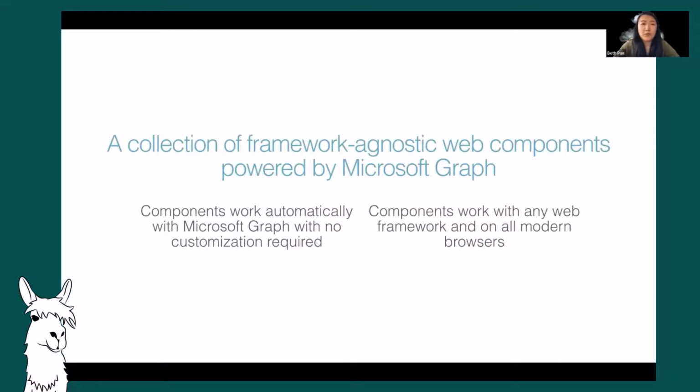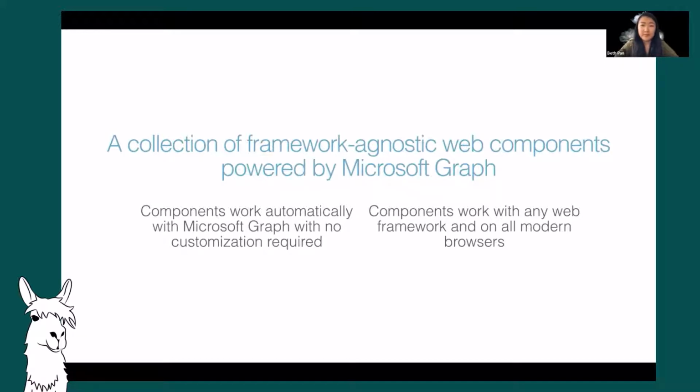So what is the Graph Toolkit? It's a collection of framework-agnostic web components powered by the Graph. These components are functional components, which means when you drop the HTML tag in your front end, it automatically connects to the Graph, does all the magical coding behind the scenes, and handles the authentication flow if you want it to.